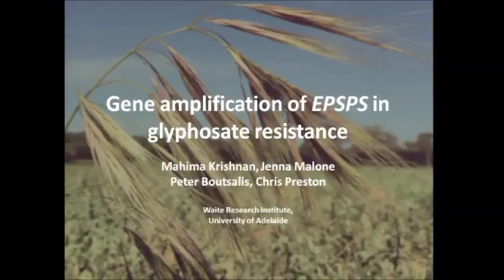So the temperature effect will exist with target site and non-target site. But with target site, it's just herbicide efficacy. With non-target site, it's something associated with the resistance mechanism itself. So maybe the sequestration mechanism works more efficiently at higher temperature compared to low temperatures. But paraquat is another example which is just opposite to glyphosate. So we have to be very careful with temperature.